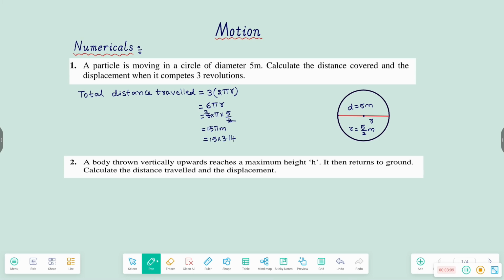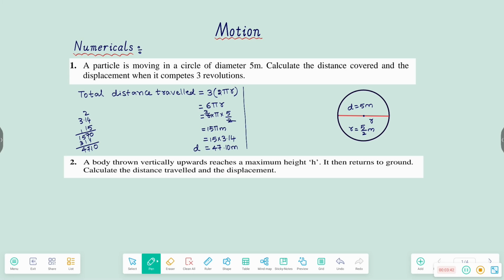If you multiply 3.14 into 15, you get 47.10 meters approximately. So this is the total distance travelled when we complete 3 revolutions.